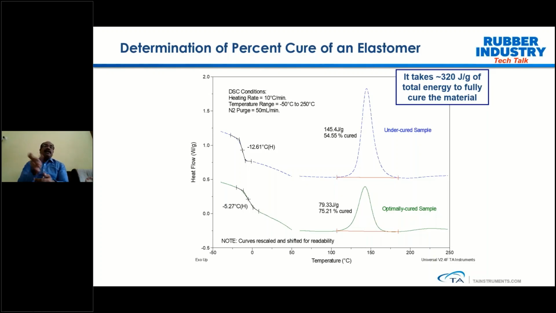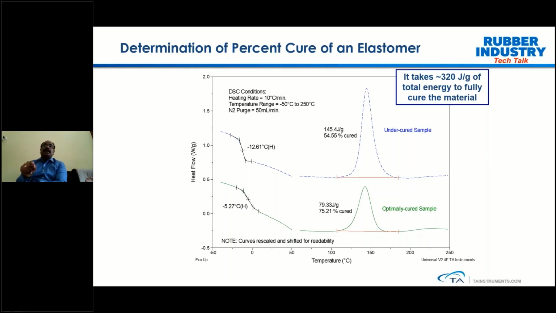There are two ways you can see. One is by looking at the glass transition temperature of the cured material. When you look at the green compound, clearly the glass transition is showing at minus 5.27 and the exotherm is showing about 79.3. So what you need to do is first take the uncured sample, run the DSC, allow the sample to cure 100%, and quantify how much energy is required.